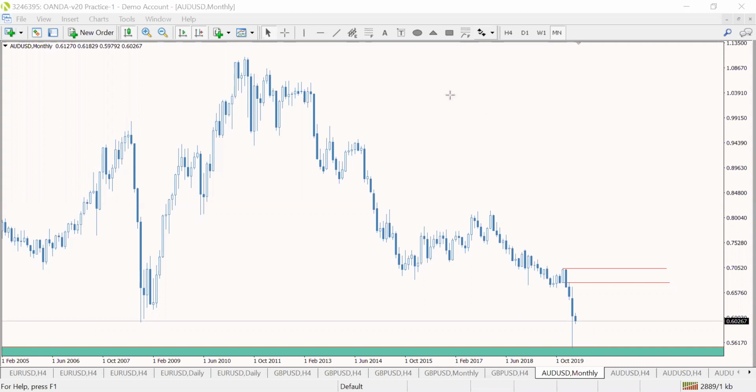We are looking for this market to continue going up to these levels.